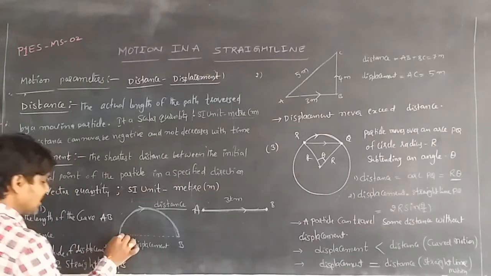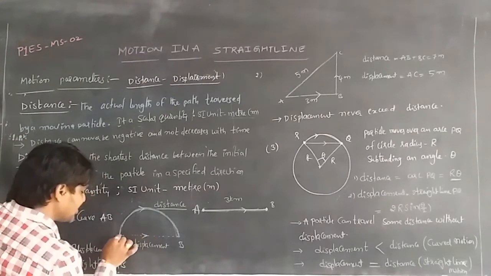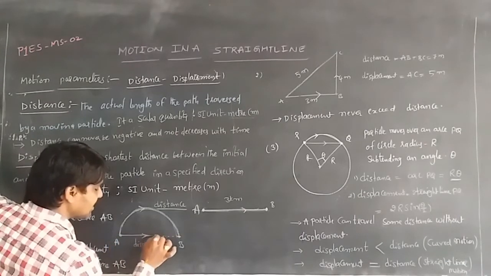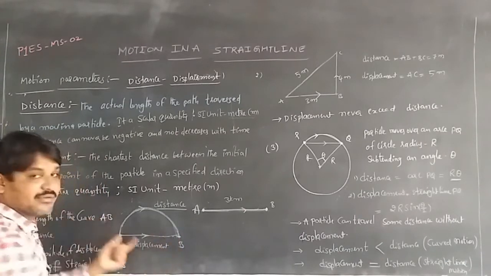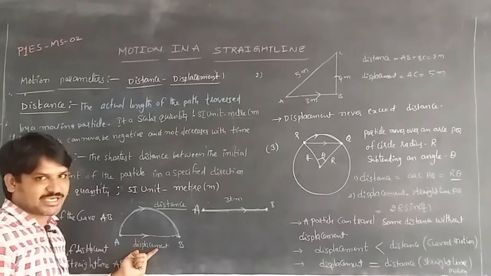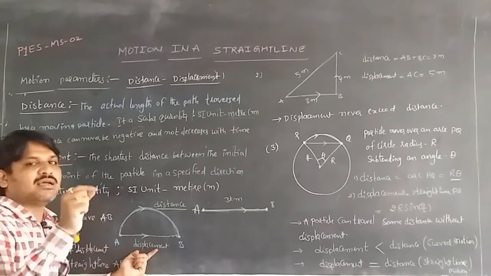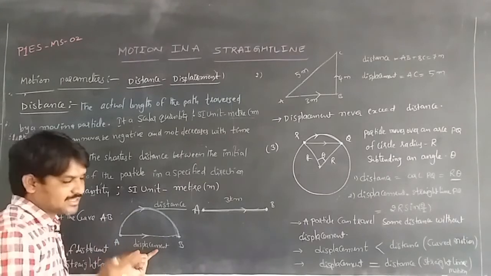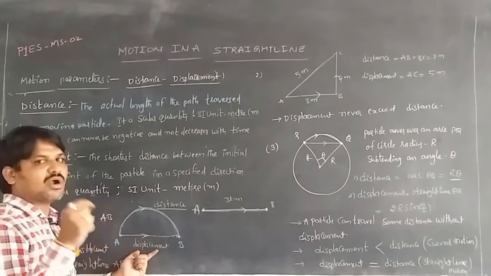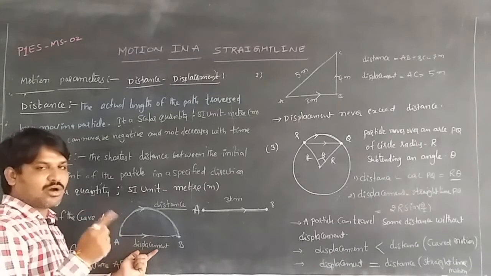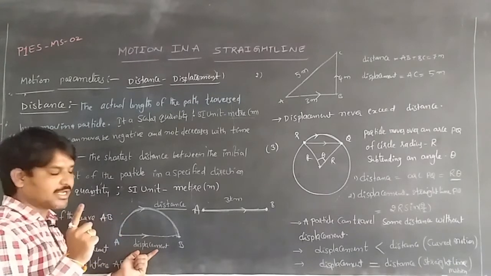The straight line from A to B, from the initial point to the final point, drawn in a specific direction, will be the displacement. Always the displacement will be less than the distance. It does not exceed the distance. It is always less than or equal to the distance only.